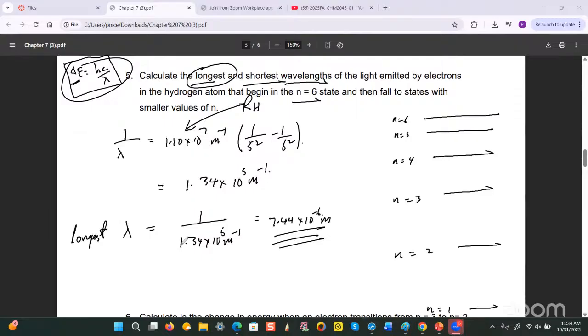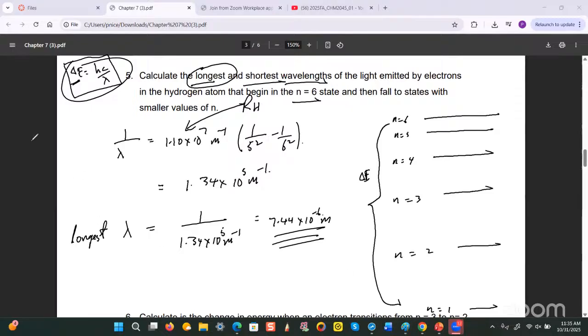Now to get the shortest wavelength, that would correspond to delta E being the largest possible, which means that in this case, you're talking about going from n equals 6 to n equals 1. Delta E for that would be the largest energy gap, which means that the smallest wavelength would be based on the initial n value of 6 and the final n value of 1.